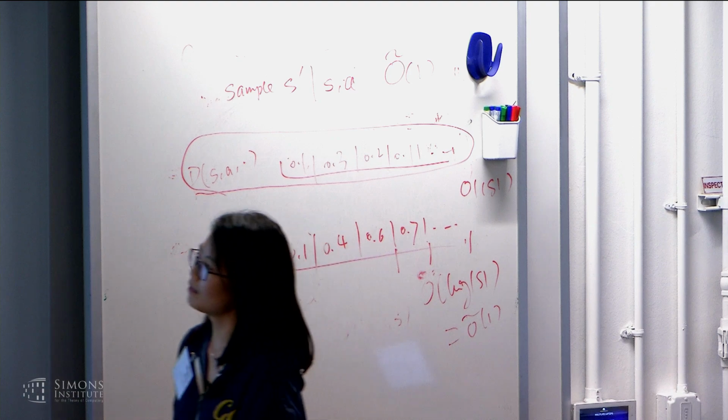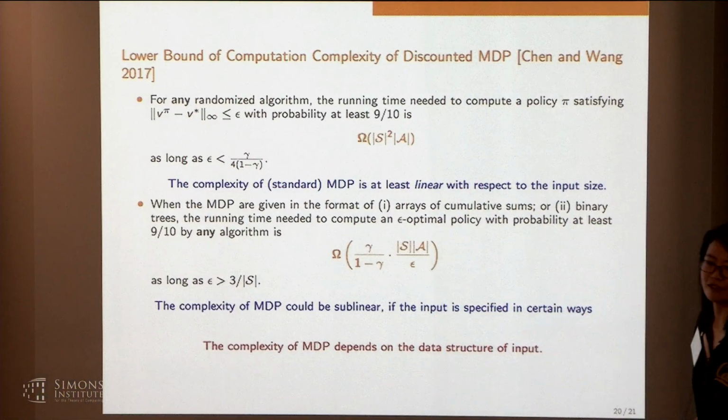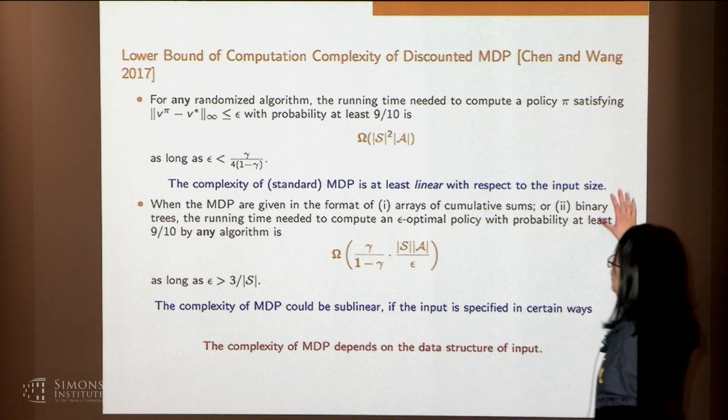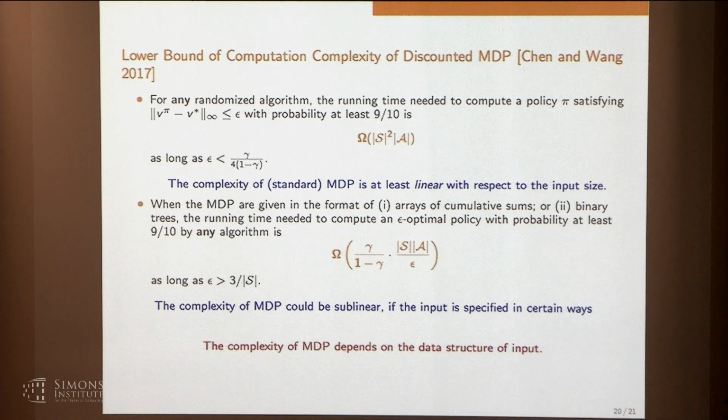This lower bound is not surprising, although it takes many pages to prove. It's actually good because we have already shown that it's possible to solve MDP in nearly linear runtime. So the upper and lower bounds nearly match.